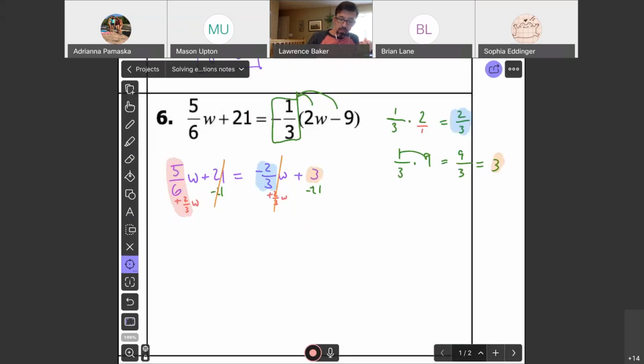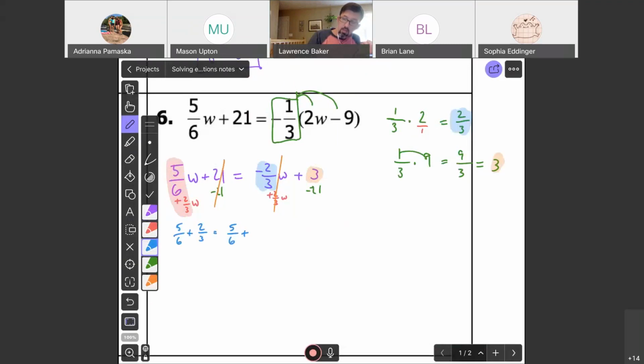Right, I didn't find a common denominator. So what would our common denominator be, Aiden? 6, okay. So how many sixths are in 2/3? How many sixths is that equal to? Yeah, if you see what Aiden's typing there in the chat, 2/3 means 4/6.